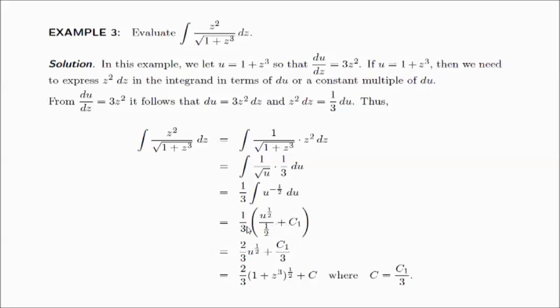In this case, constant na 1/3 multiplied by C1. Ito yung litaw. Pero class, since constant rin naman ito, so we can actually change it as a general C. So wala namang problem doon, kasi constant din naman ito. And then, so we can now sub ulit yung u. That is 1 plus z cubed. So this is the final answer. Okay?